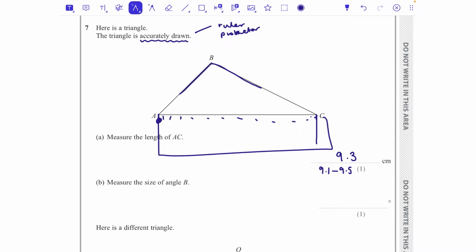So I would turn this round and then I would put my protractor on like this, so that semicircle shape of your protractor has the 0 here, and then you're going to measure round until you reach that point there, and that is 106 degrees. But again, you were allowed anything from 104 to 108, so you could be 2 degrees out and still get that mark. Here is a different triangle.